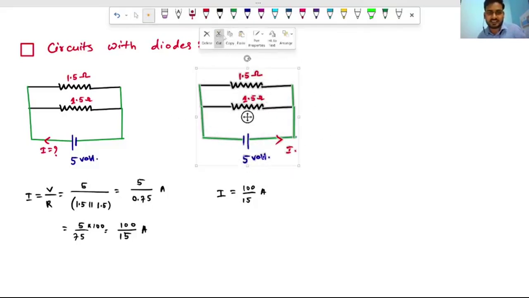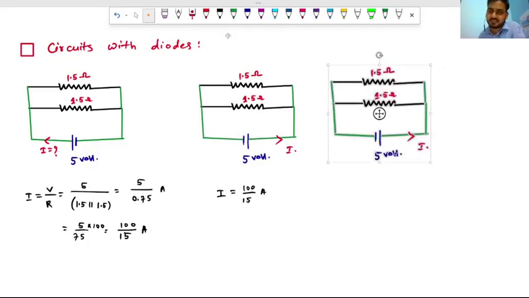Not only that, I'll now add a diode. Suppose I add a diode here like this, and I add a diode here like this. Let me keep the orientation of the diode same.